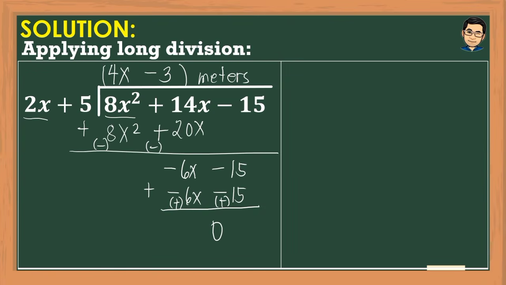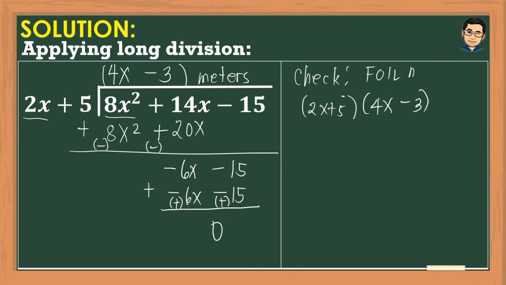So ibig sabihin, i-check natin yung ating solution. So i-multiply natin yung 2x plus 5 sa 4x minus 3. So kailangan kapag minultiply po natin yan, lilitaw po yung area na 8x squared plus 14x minus 15. So using FOIL method, so sulat lang natin dito yung FOIL method.